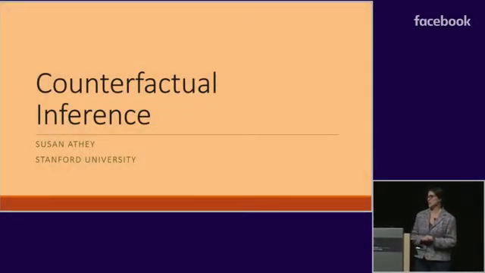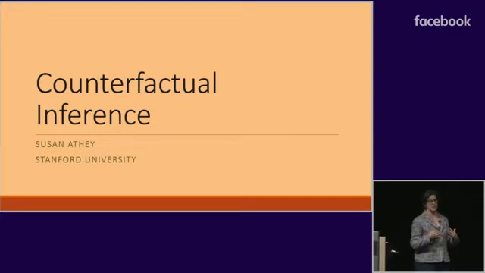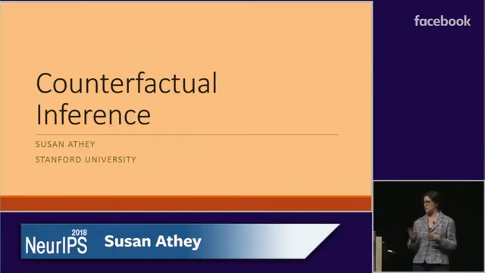One of the things that I'm finding as I'm going out and speaking about this topic is that in some ways it's gotten harder to give tutorials and lectures over the last few years, because when I started working on this topic maybe 8 years ago, from a machine learning perspective, there was a sense that only a very small part of the machine learning community was really thinking about counterfactual inference, or really even thinking about the words.